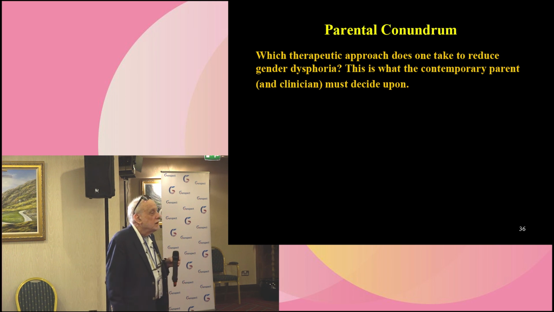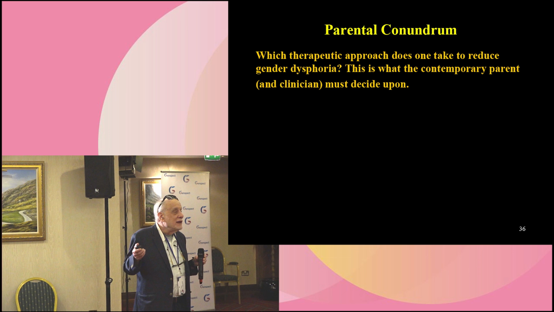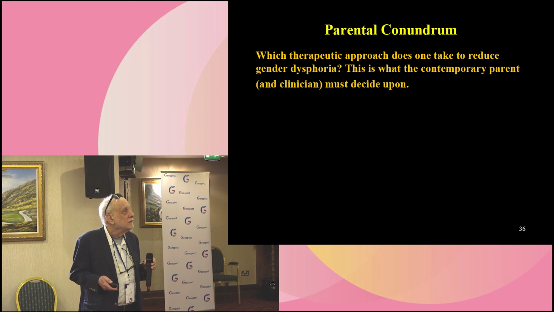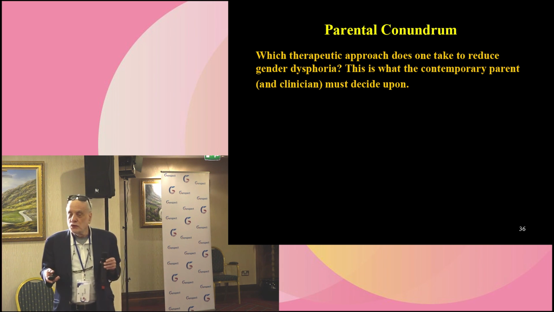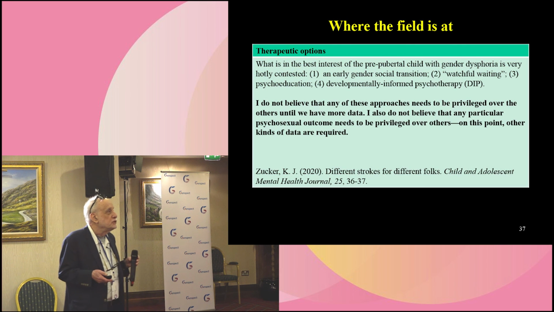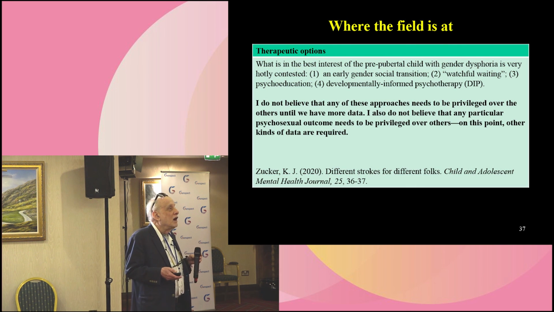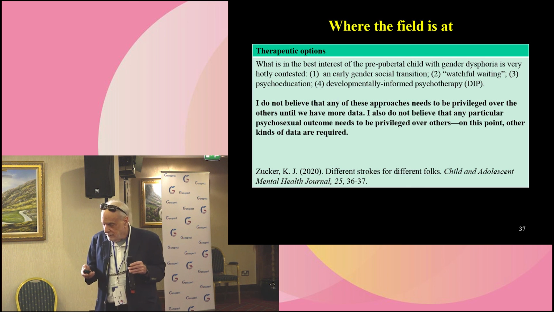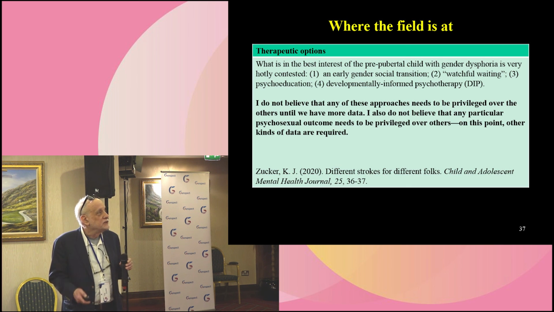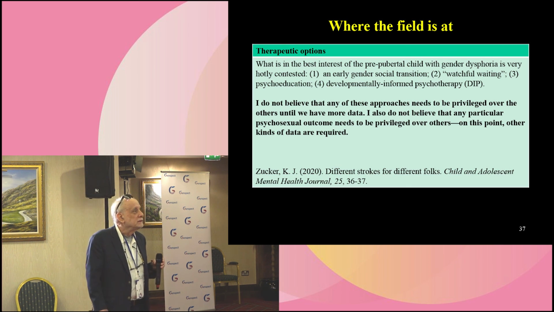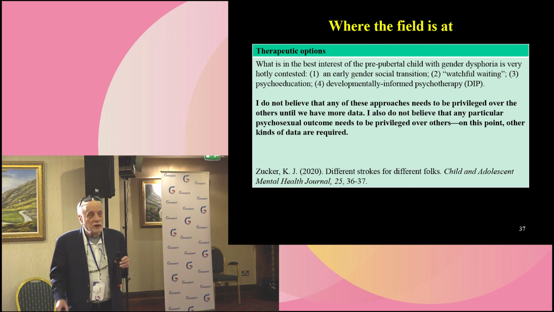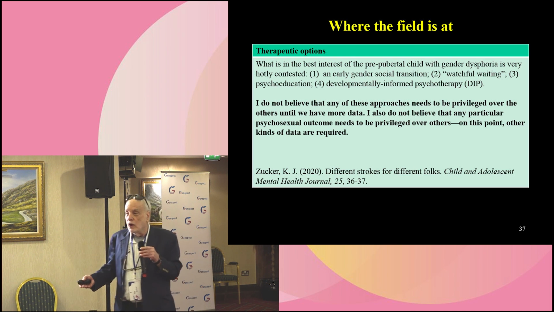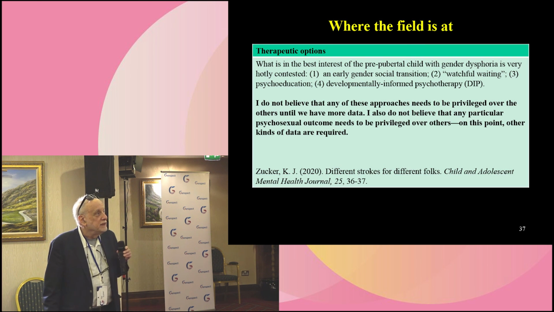And so the parental conundrum, in my view, might be which therapeutic approach one should take to reduce gender dysphoria. And on this point, there's incredibly intense debate. Do you recommend an early gender social transition? Do you watchfully wait, although nobody knows what that actually means?